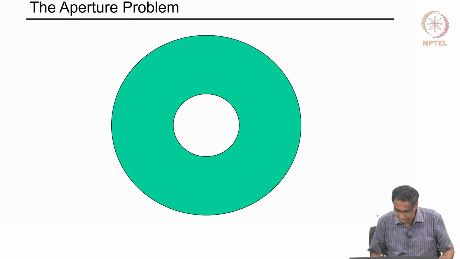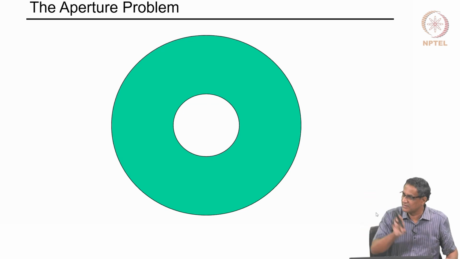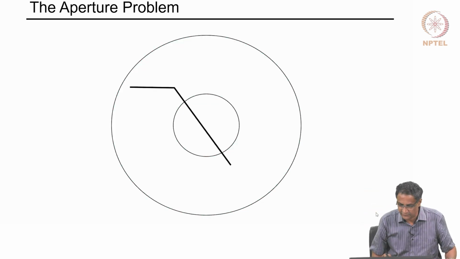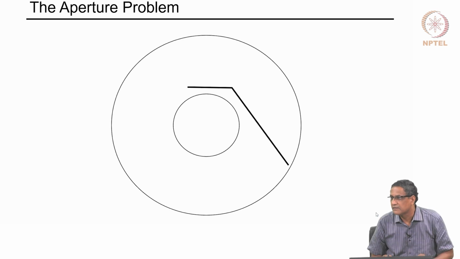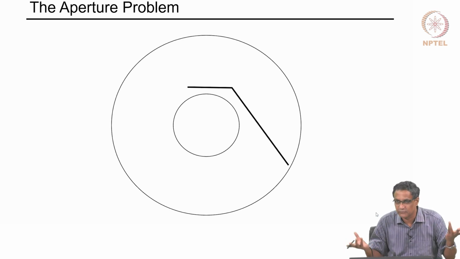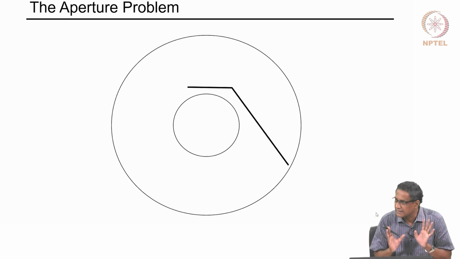I'll play again. It looks like it's going this way, right? But let's see the actual thing. This is how it moved. The motion was actually horizontal. All of us got fooled. This is exactly the aperture problem.